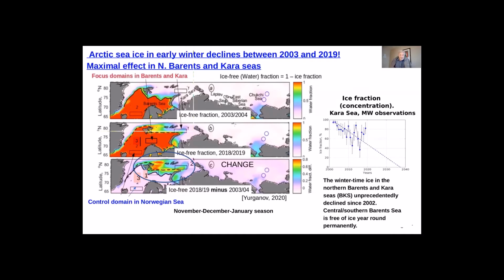The change in ice concentration is maximal to the east of Svalbard, and also high for north of Kara Sea, and for all this area, northern Barents Sea, northern Kara Sea, the change is very significant.